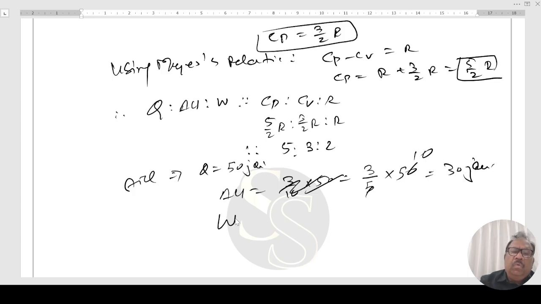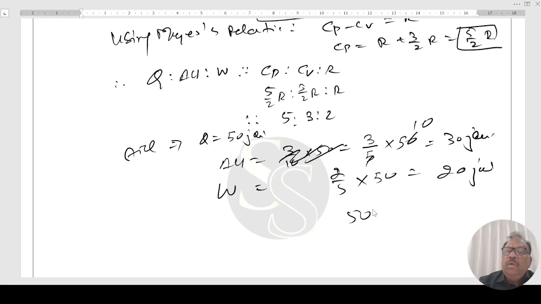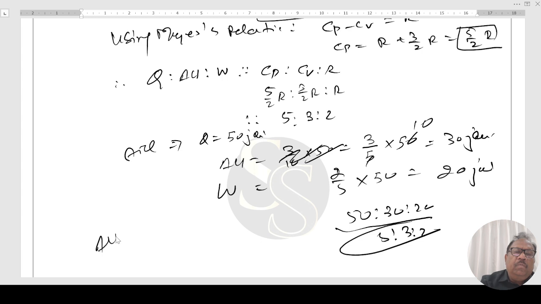And W comes out to be 2 upon 5 into 50, that is 20 joule. So check their ratio: 50 is to 30 is to 20, this comes out to 5 is to 3 is to 2. So our answer is delta U equal to 30 joule and W equal to 20 joule.